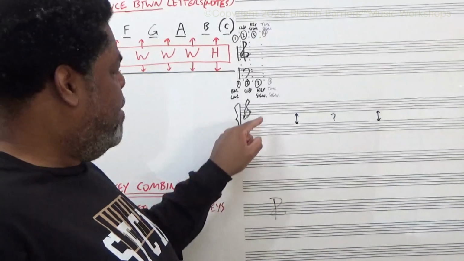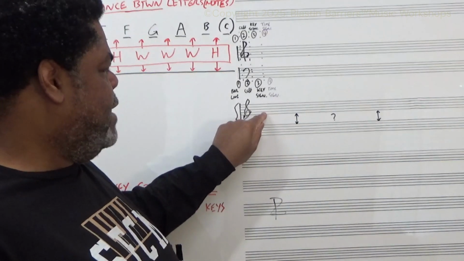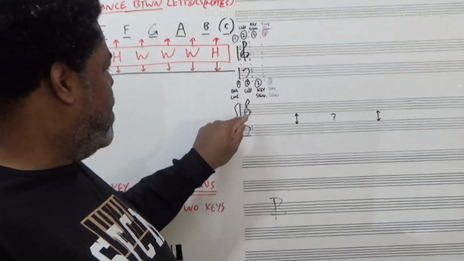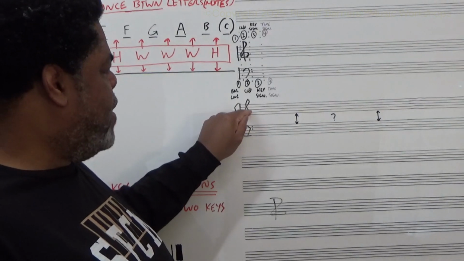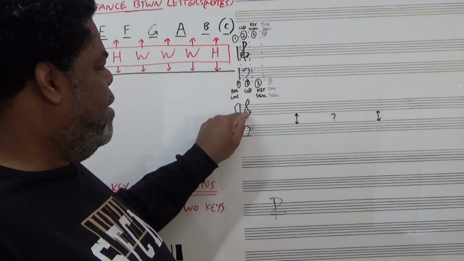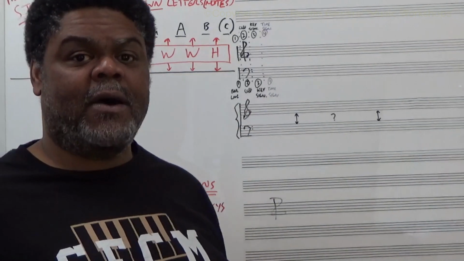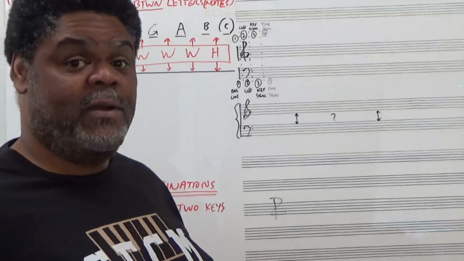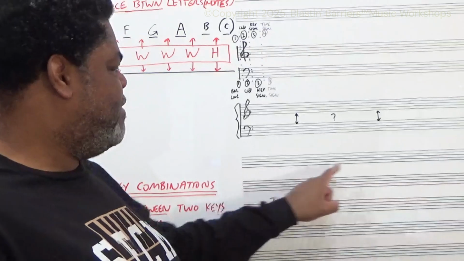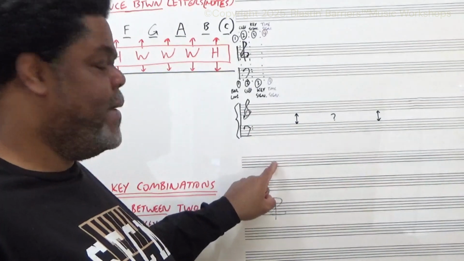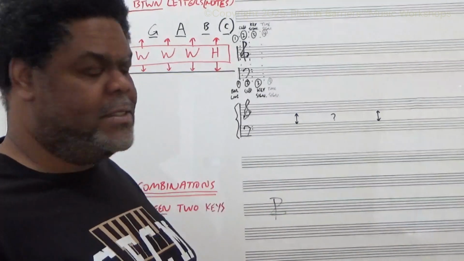If you can see my finger pointing to the second line, doing what this little curly Q does, encircling around and stopping just below the second line, it's telling us to call that line G. And since it's telling us to do that, when we see this on this grid, we call the second line G. So therefore we know what to call everything else.